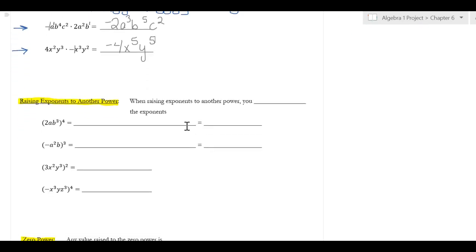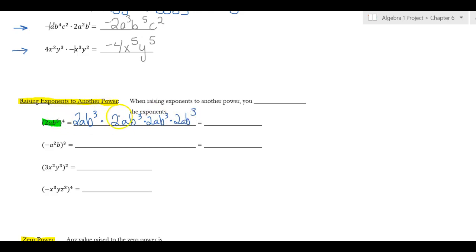All right, raising to a power. Let's not fill this in yet. Let's actually look at it. When this is to the 4th power, what this means is that this thing in the parentheses is written 4 times. So it's 2ab to the 3rd, 2ab to the 3rd, 2ab to the 3rd, 2ab to the 3rd.